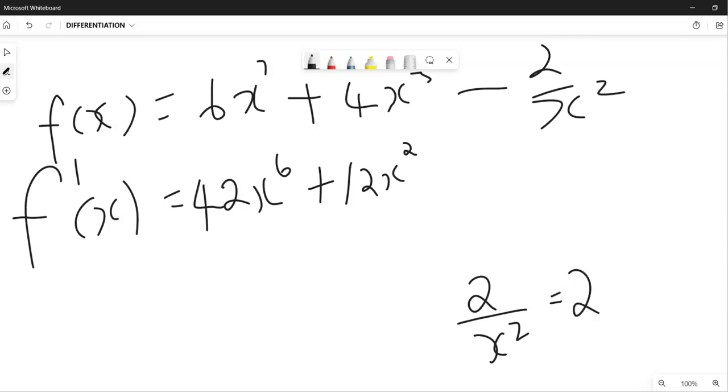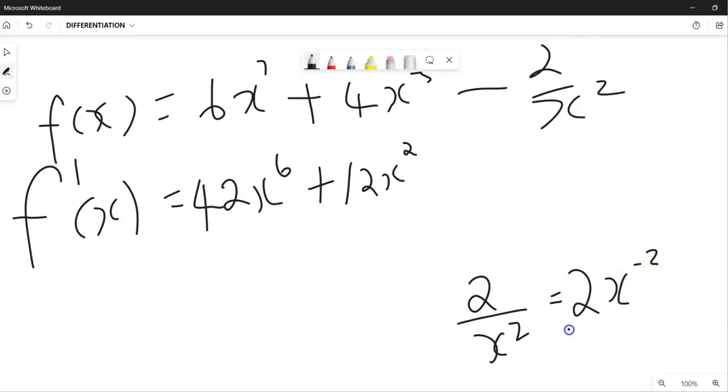2 over x squared is the same as 2 multiplied by x to the negative 2 power. Hopefully you remember the law of indices. If you have a power or an index in the denominator of a fraction, then you can rewrite it out of the fraction, but the power will then be negative. So this is the same as 2 times 1 over x squared, which is the same as 2 times x to the negative 2 power.